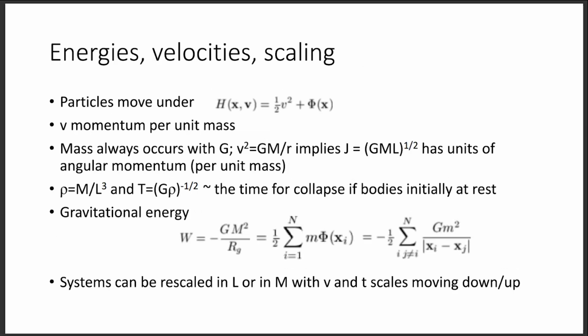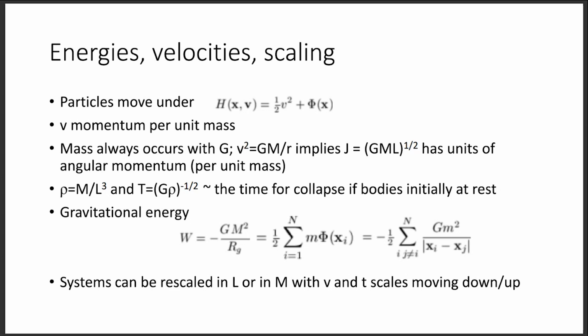Okay, so some very basic points. Particles move under this Hamiltonian. I'm going to write it like this: H is a function of x and v, not of x and p, because it's convenient to work with the momentum per unit mass. So this v you should think of as the momentum per unit mass, and this phi, the gravitational potential, of course, is the potential energy per unit mass.